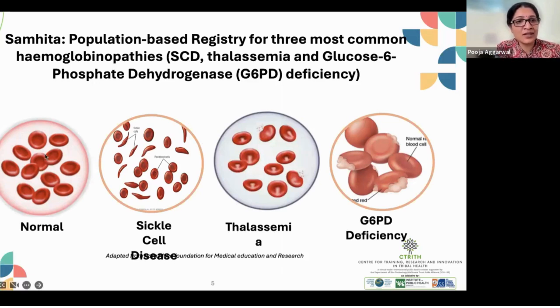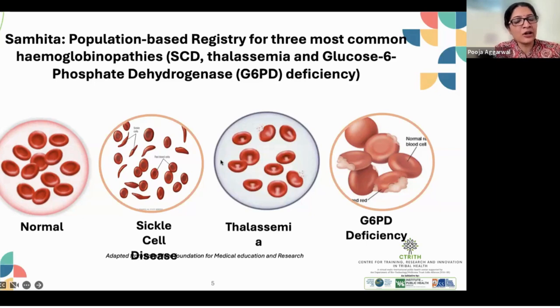As you can see here, in sickle cell disease the cells become sickle-shaped, so their efficiency to carry oxygen becomes quite less. In thalassemia, the synthesis of hemoglobin gets affected, so again the RBCs get affected and their oxygen-carrying capacity is reduced. G6PD is an enzyme which helps in the housekeeping of the cells.